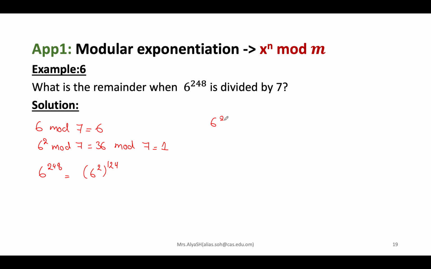So 6 to power 248 mod 7 is congruent to 6 square to power 124 mod 7, and this equals 1 to power 124 mod 7.